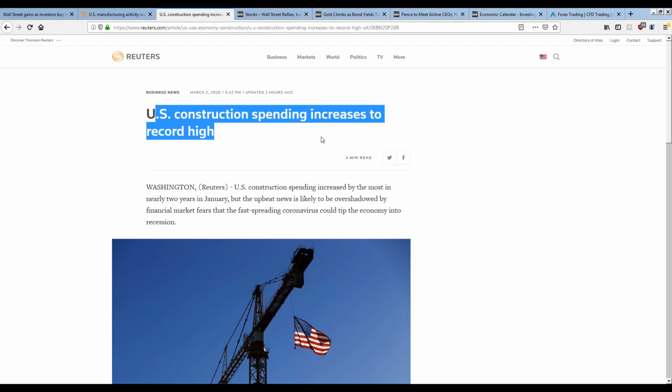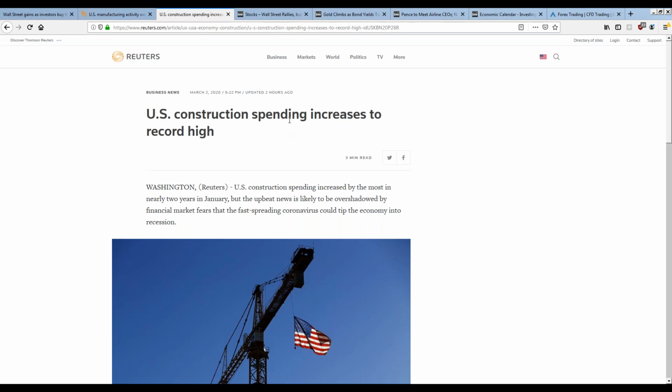That's seen as good news. Okay, so there's a mix in terms of the regularly scheduled economic announcements that came in today. We can see some negative news there, and then obviously this article is positive news. Record spending here for US construction. So that kind of gives mixed signals on the US economy.